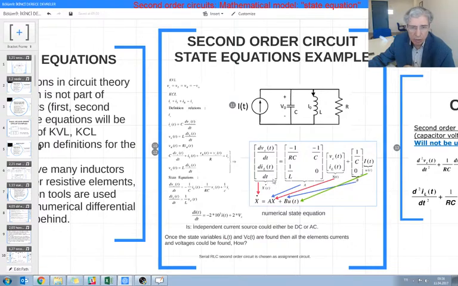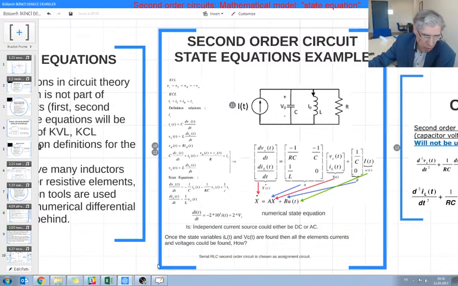This is the A matrix for this second order circuit, and this one is the B matrix, as shown here. A matrix, B matrix. These are the state variables, v_C(t), i_L(t), and the state variable derivatives, dv_C/dt, di_L/dt. So how are we going to do it? Let's do it step by step.